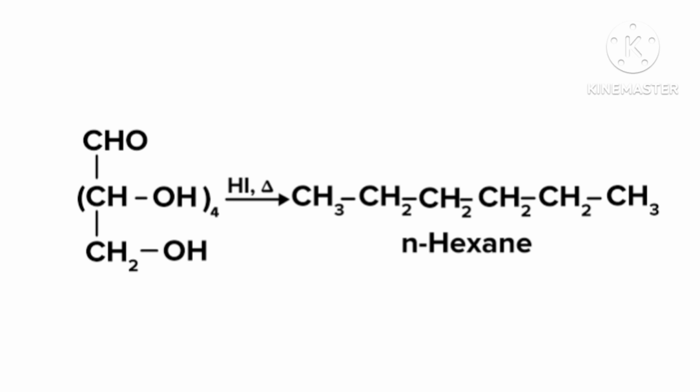Now third, glucose reacts with hydroxylamine, NH2OH, to form an oxime and adds a molecule of hydrogen cyanide to give cyanohydrin. These reactions confirm the presence of a carbonyl group, CO group, in glucose.